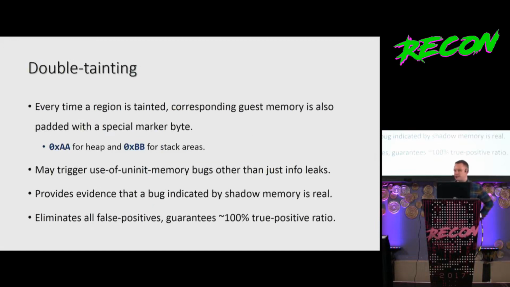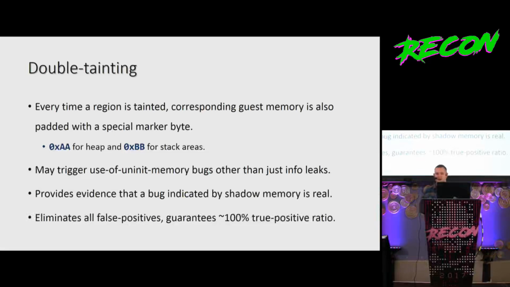Another thing that I implemented in this project is something called double tainting. Basically, every time a region is tainted in our shadow memory, we also pad all of the resulting allocated guest memory with some special byte. In my case, it was AA for the heap and BB for stack areas. This gives us a couple of advantages.